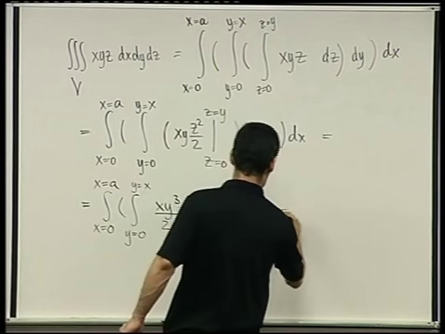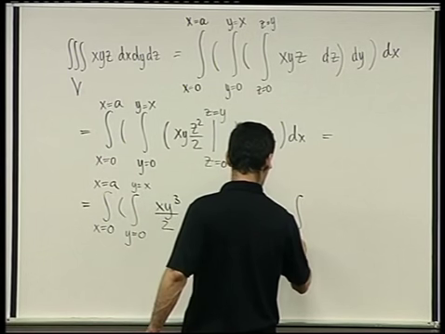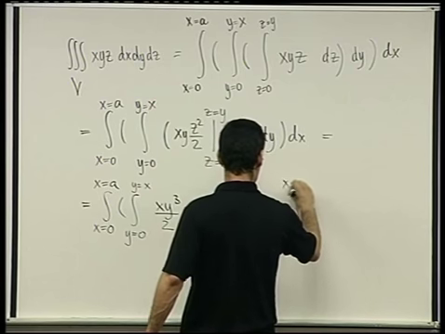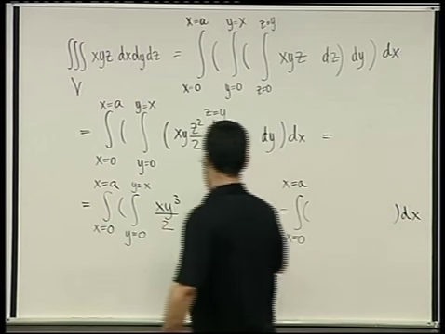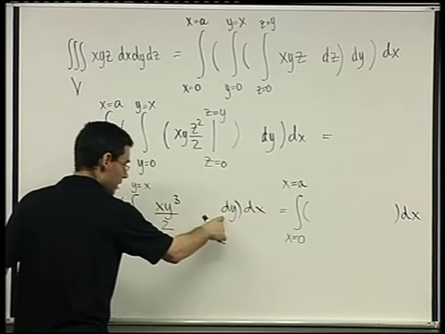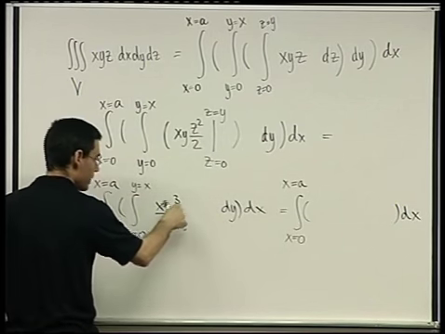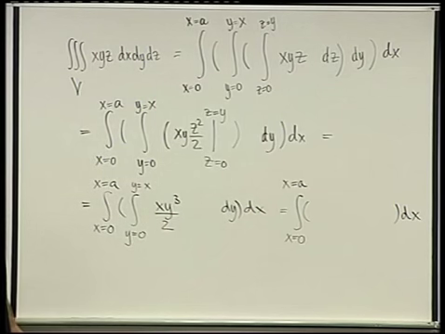Let's continue. So it's the integral from x equals 0 to x equals a dx of, and now I need the antiderivative in terms of y. So what's the antiderivative of y to the power 3? Right.